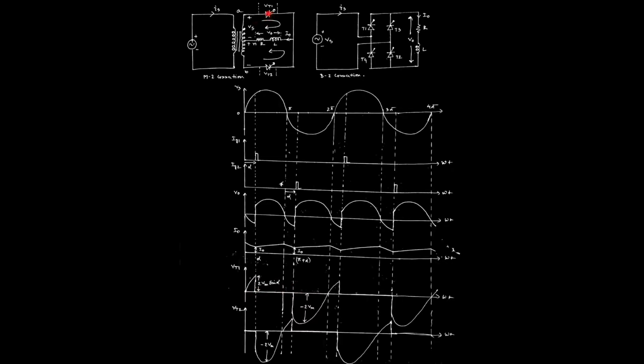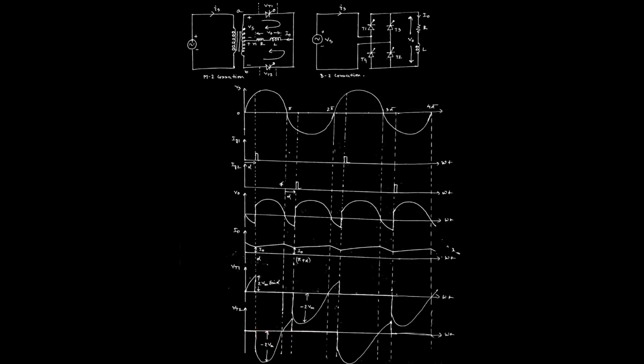When this thyristor turns off for the negative half of the supply voltage and the thyristor T2 turns on, then what happens? The voltage across T2 is 0, and the total peak inverse voltage appears across the first thyristor. That is why, when the first thyristor was on, the voltage across the second thyristor was the peak inverse voltage, that is minus 2 Vm, up to this point.